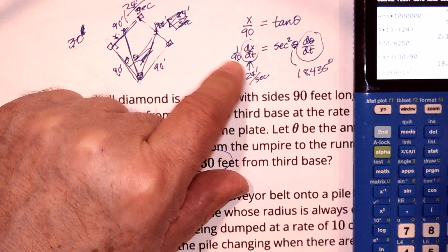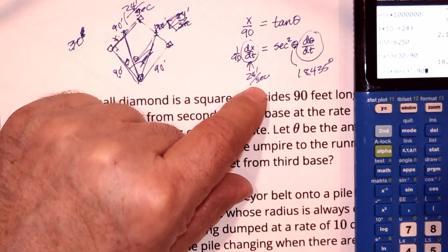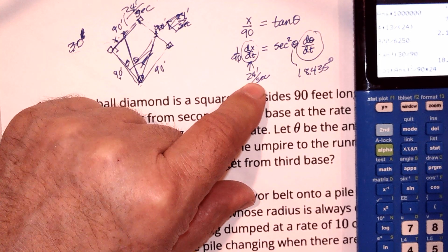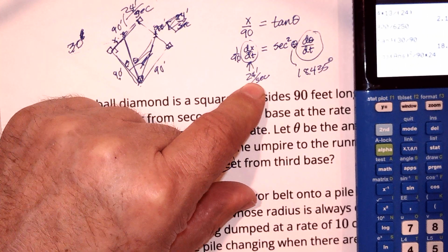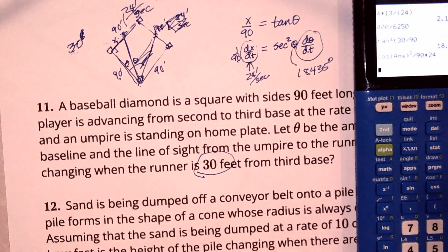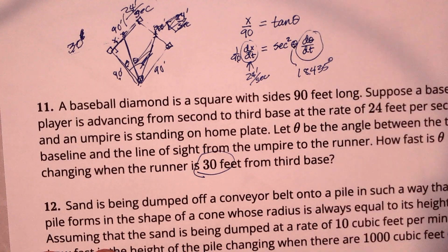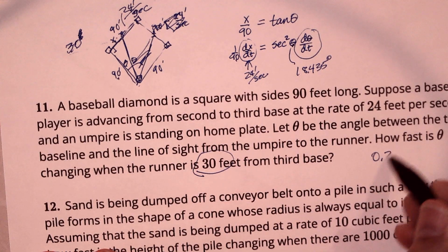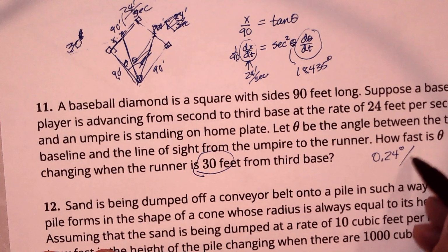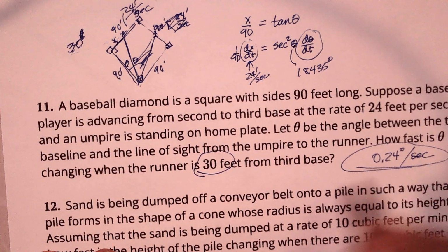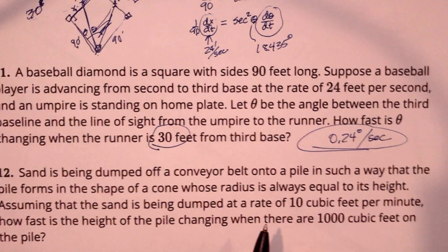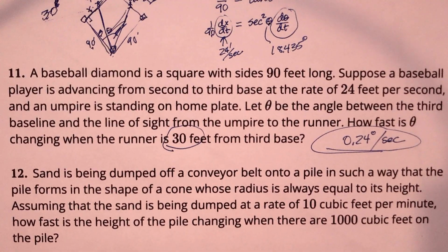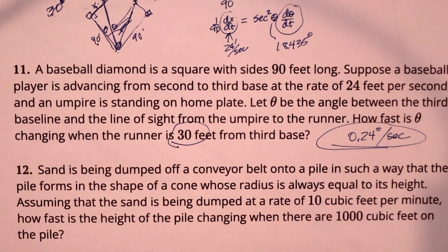That divided by 90 times the 24 feet per second. And I get the angle changing at 0.24 degrees per second. Now, I don't know whether they wanted it in radians or in degrees. We'll leave it in degrees.